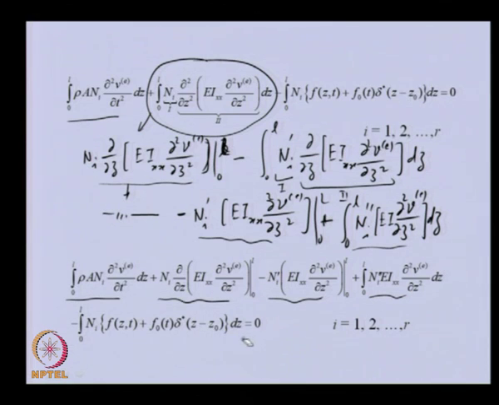So, you can see how we have done the integration by parts twice to get the weak form of the finite element formulation. In this particular case, now if you see, the highest order of differentiation is 3 outside the integral, and within the integral the highest derivative is 2. So, the completeness and compatibility conditions will now be defined.